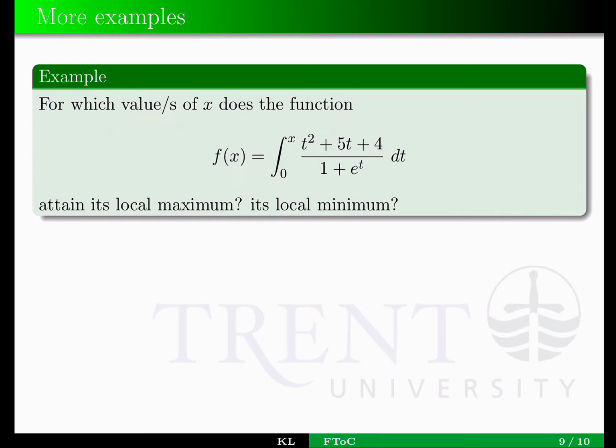After getting the critical numbers, you test which one is the local maximum, or which has the local minimum.